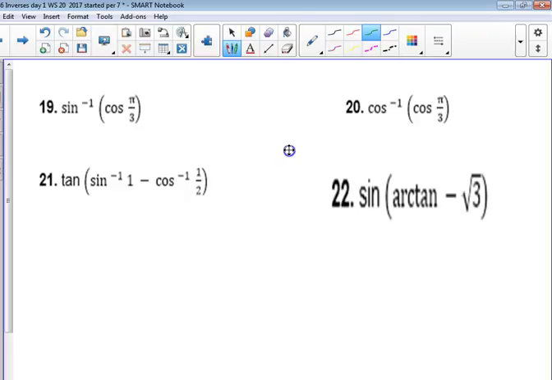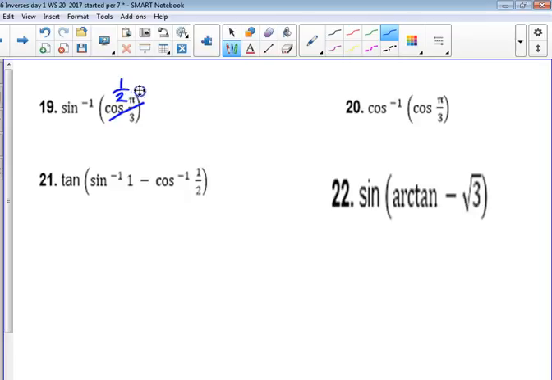All right, should we try to do these quickly together? Let me call on some people. Michaela, can you just find the cosine at pi over 3 for me? Yes, the x-coordinate at pi over 3 is 1/2. What angle has a sine of 1/2 that we have in our inverse sine?